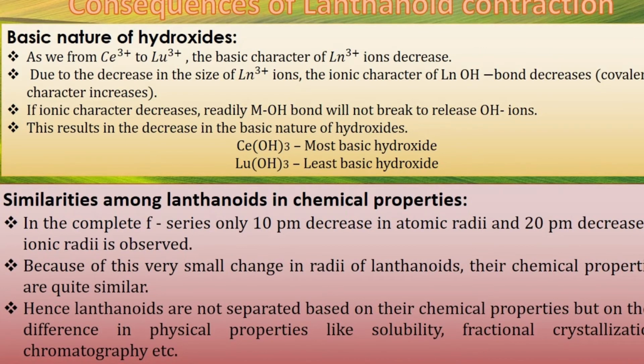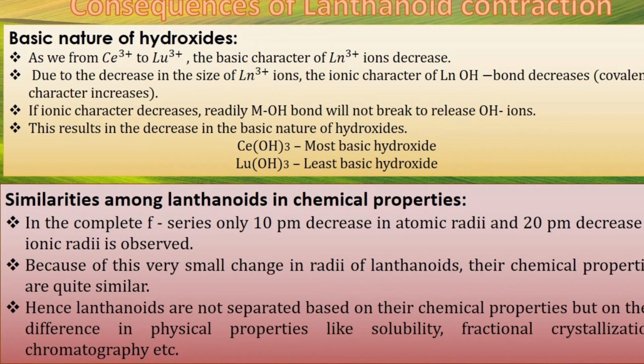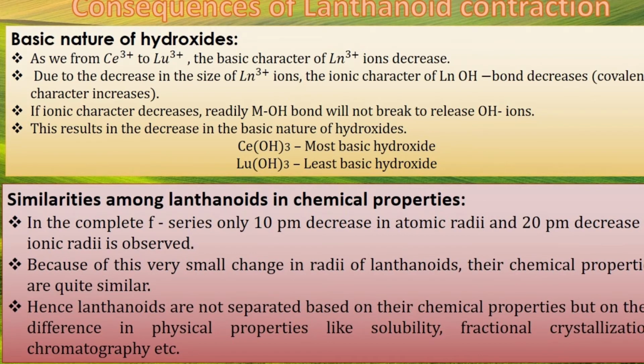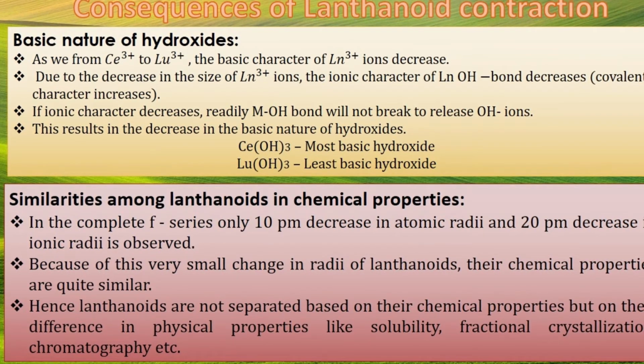We know as we move across the series, the size of the ions decreases. So cerium 3+ ions will be relatively bigger in size compared to lutetium 3+ ions. According to Fajan's rule, the smaller the size of the cation, the greater will be the polarizing power.